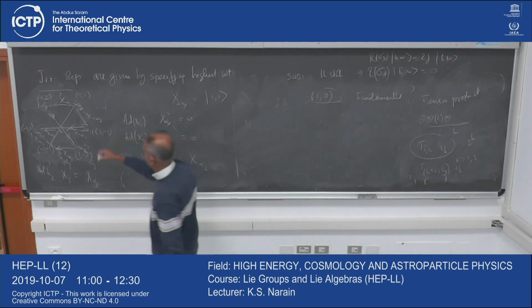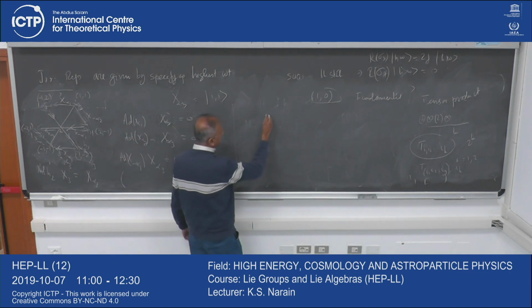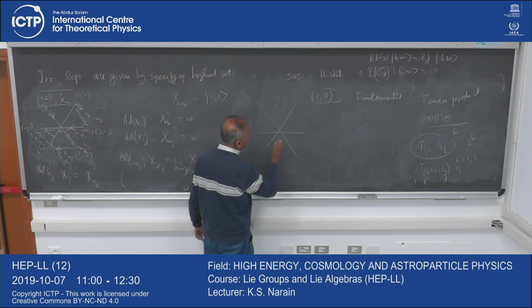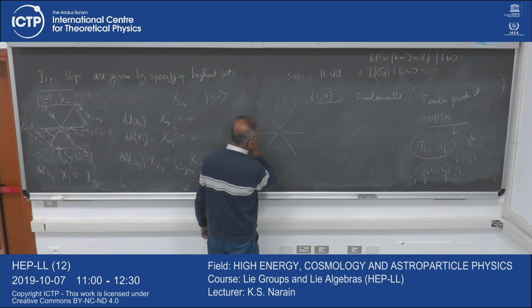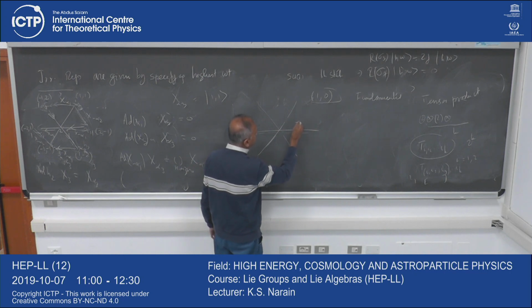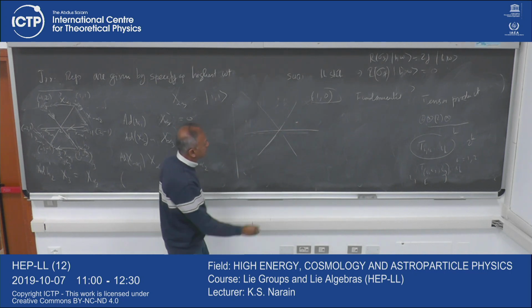So in this picture again, let me draw this. I started with these three SU2s. So 1, 0 will be some point here. This I call 1, 0.